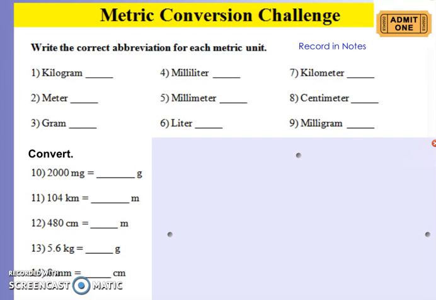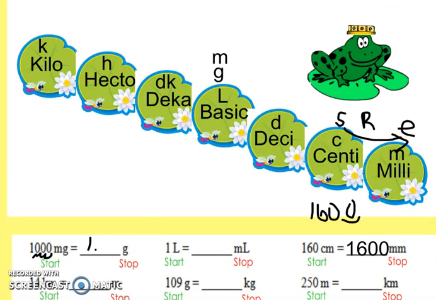Now, what I would like to do is take a look at one of them that has a decimal point in it. Okay, what if I have a number that's 5.6 kg? Now remember the K stands for the beginning, the prefixes, so that would be kilo. So kilo and then grams, so kilograms. And I want to get to grams. So let's go back to this and I'm going to erase what we had before.